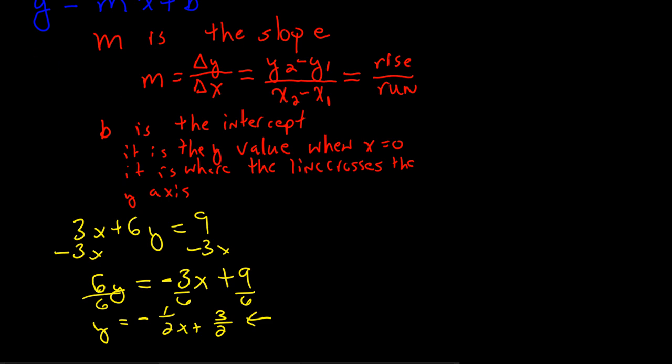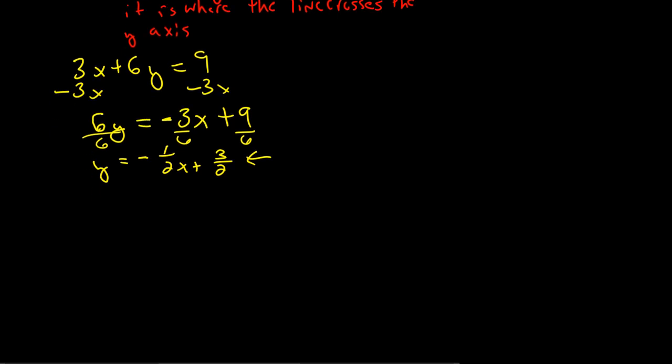Now why I like this is I can see clearly that hanging out in front of my x is my m, and there is my b. So this has an m, or a slope, of negative 1/2. It goes down 1 for every 2 it goes forward, or it goes up 1 for every 2 it goes backwards.